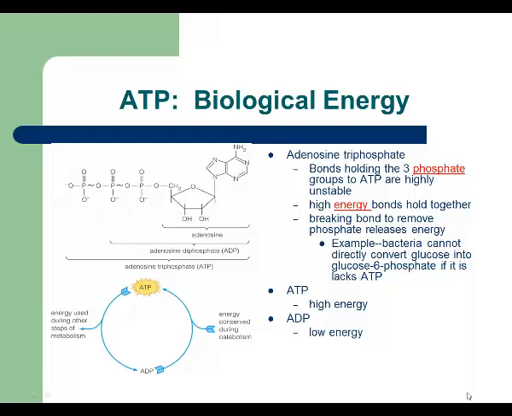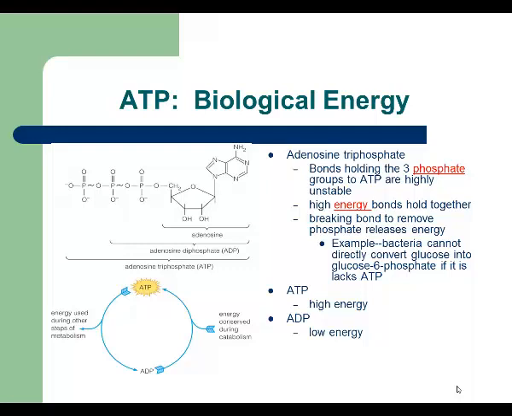Phosphate groups are connected to adenosine with high energy bonds. High energy bonds are unstable. Every time a high energy bond is broken, energy will be released. But what is going to happen to the ATP molecule when it loses its phosphate group?